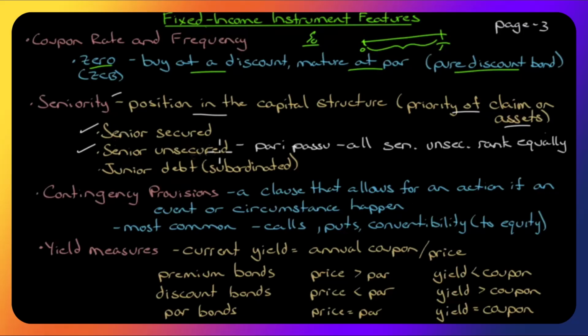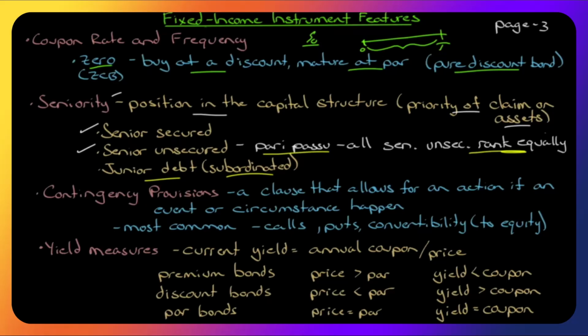And there may be a number of unsecured bonds that are issued. So a company might have 15 different types of senior unsecured bonds that are issued. As far as the law is concerned, they all rank equally. That's called pari passu. We'll see this word a little later on. All senior unsecured rank equally. And then below that you have junior debt or subordinated debt.